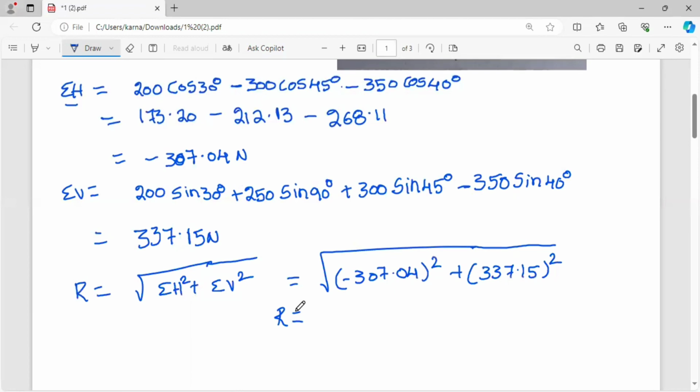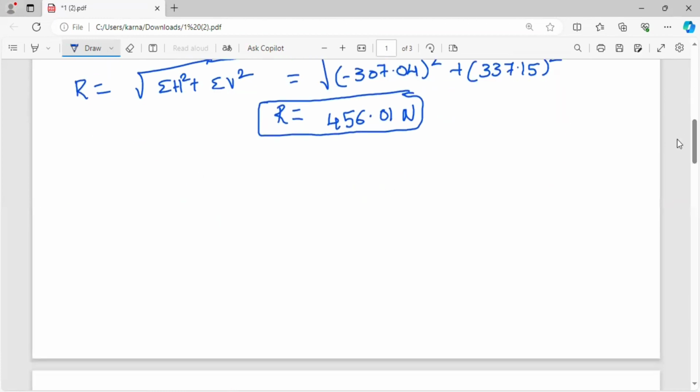The square root of 307.04 square plus 337.15 square gives the value 456.01 newtons. So it is the magnitude of the resultant force for this type of problem.